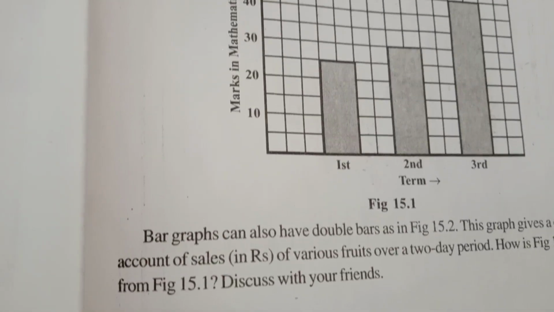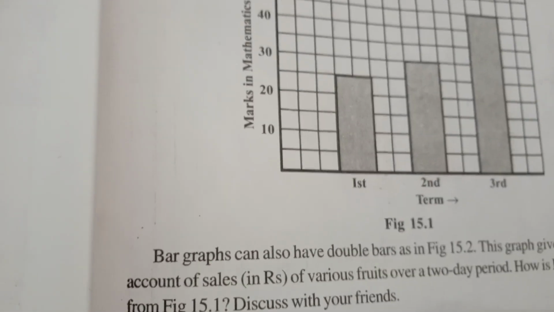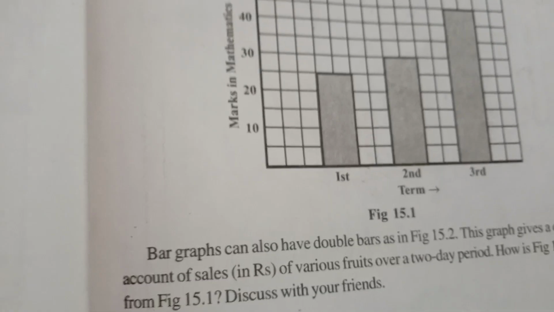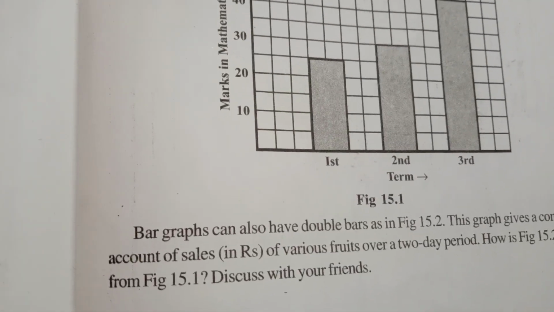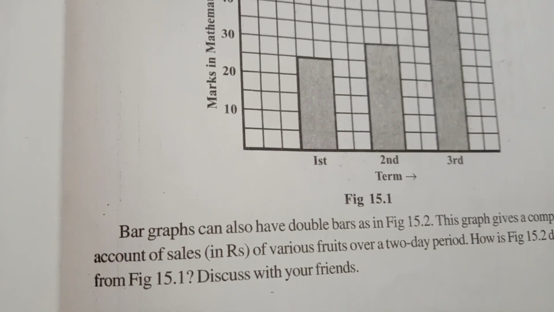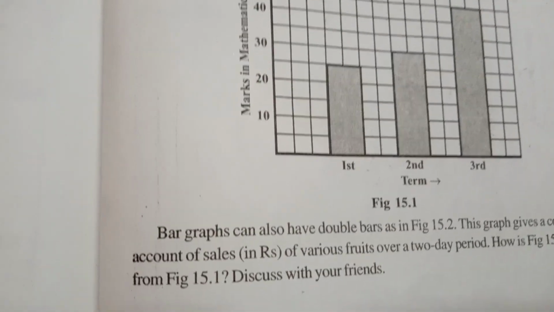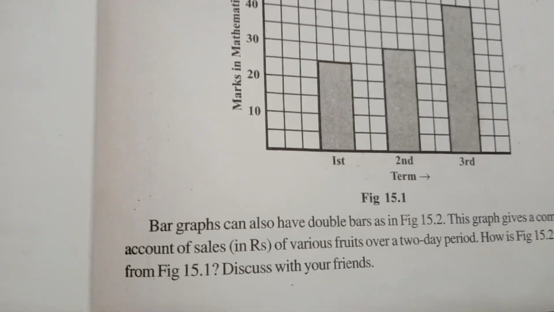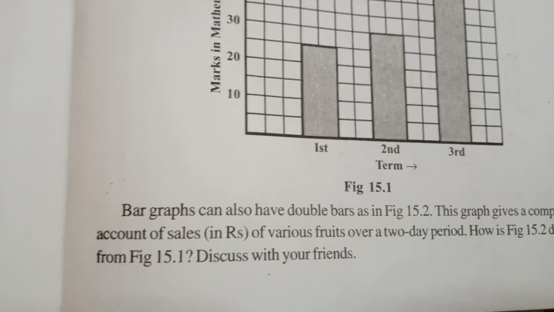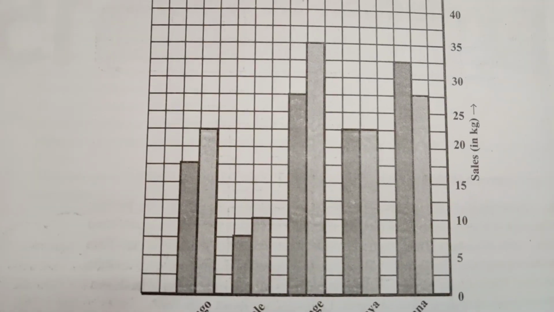A double bar graph is easy to understand for comparison between the 2 days of fruit sales, which have been recorded. Here we are seeing a double bar graph.